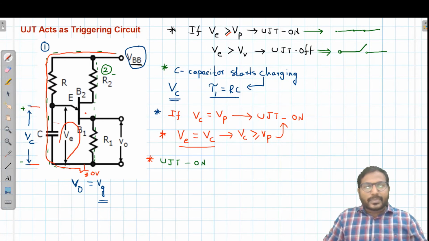The red line is the representation of the current direction, that is IE, the emitter current from emitter to base 1.